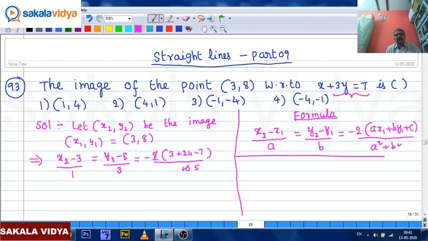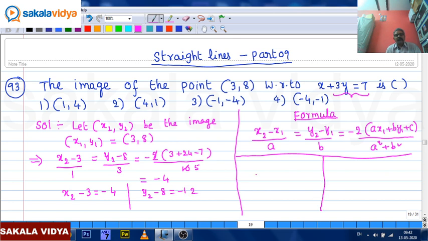So, now this equals minus 2 times 20 by 10, which is minus 4. We get x2 minus 3 equals minus 4 and y2 minus 8 equals minus 12.